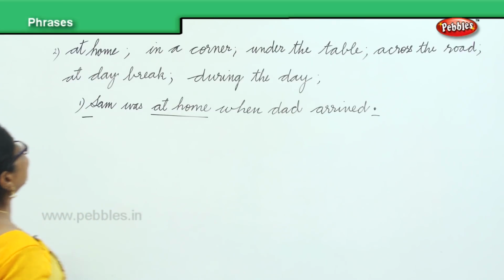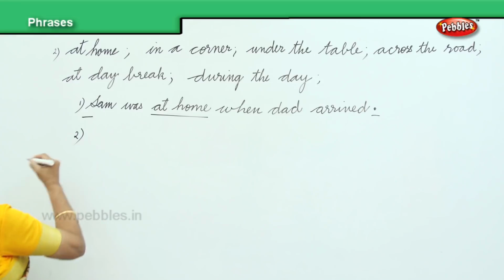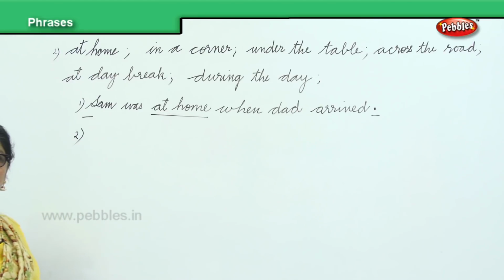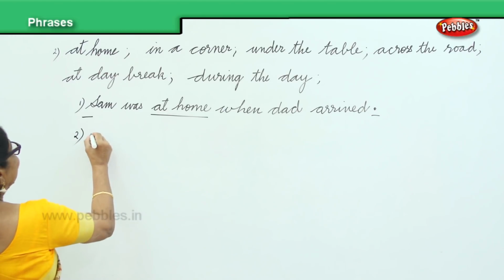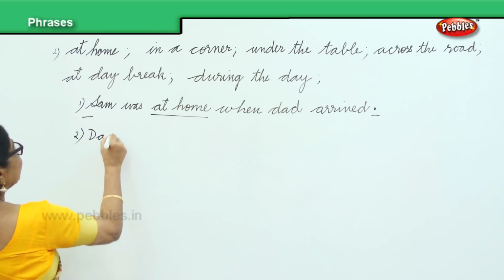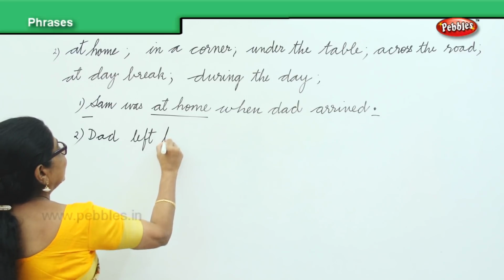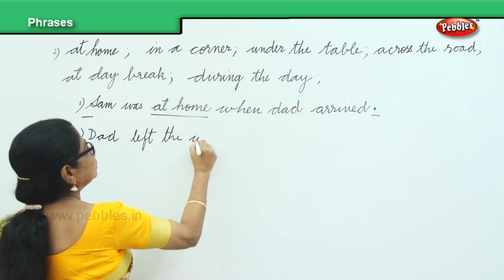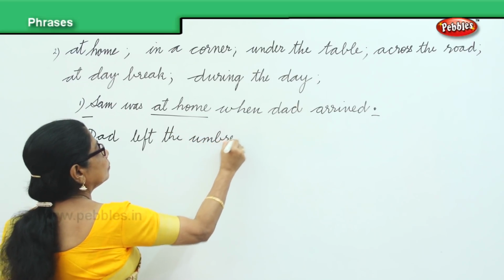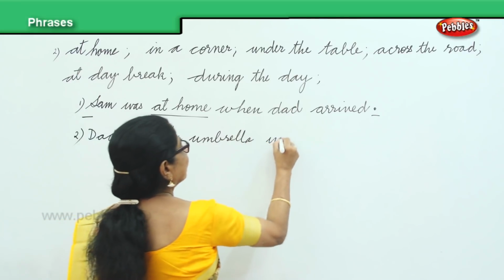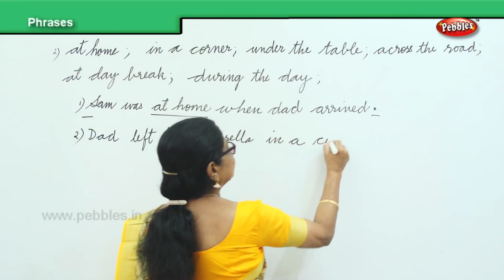What is the next one we have there? In a corner. Dad left the umbrella in a corner.